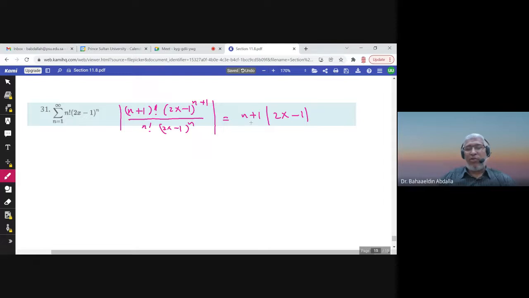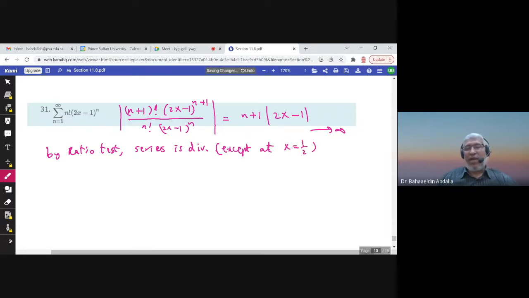Well, the limit when n goes to infinity would be infinity. So this goes to infinity, which means that the series by the ratio test is divergent, except at 2x minus 1 equals 0 or x equals half.